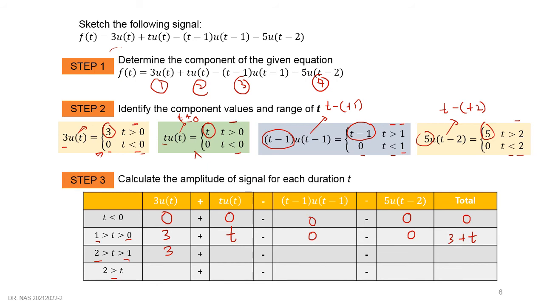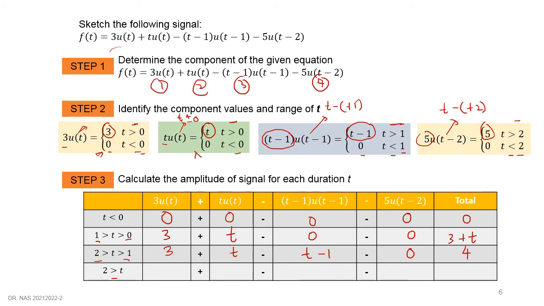Any values larger than 0, always t. The third component, larger than 1, it is t minus 1. And then larger than 1 but less than 2 the fourth is still 0. So the total amplitude here is 3 plus t minus t, which is 3 plus 1 is 4.